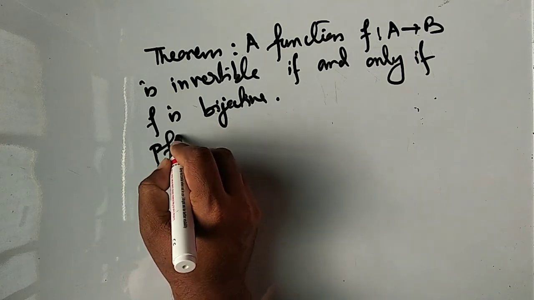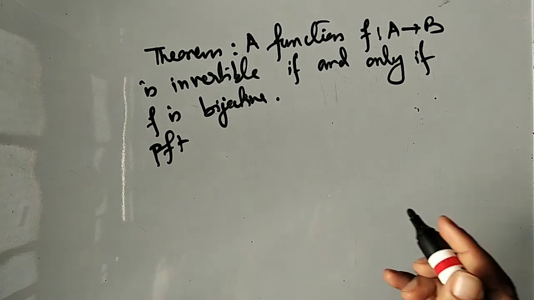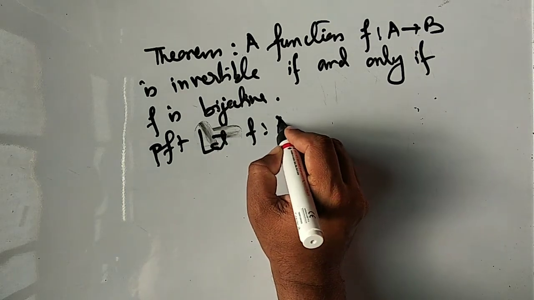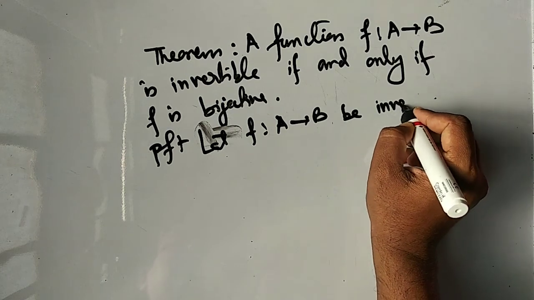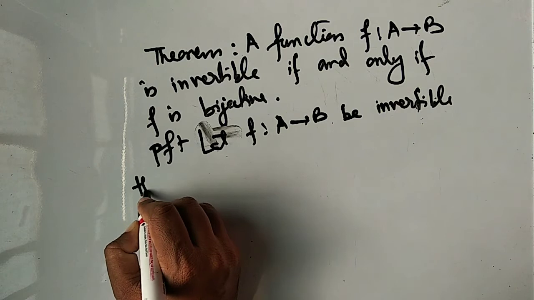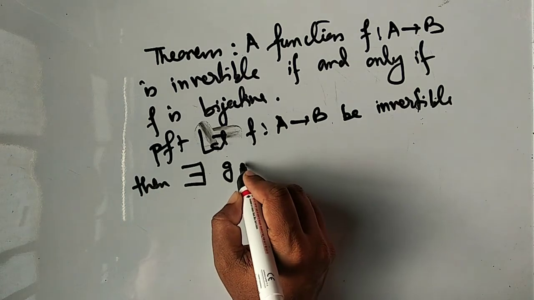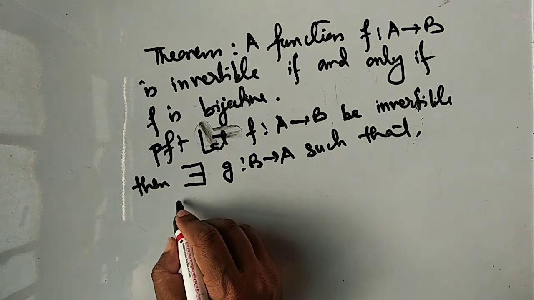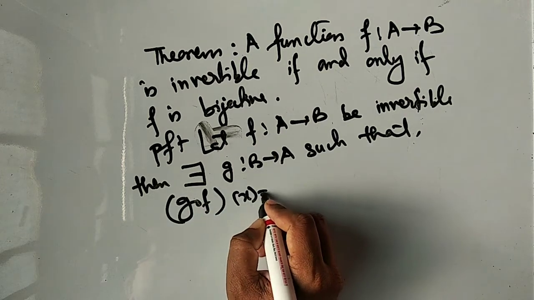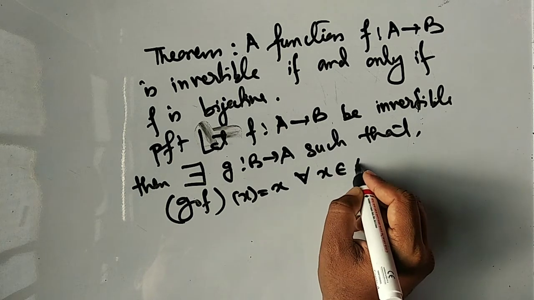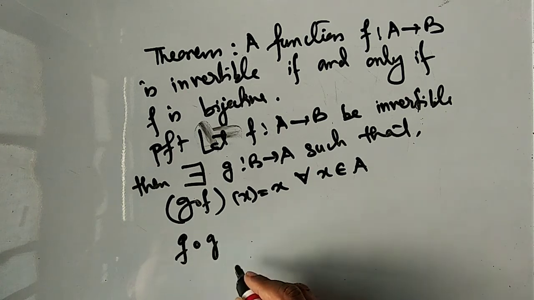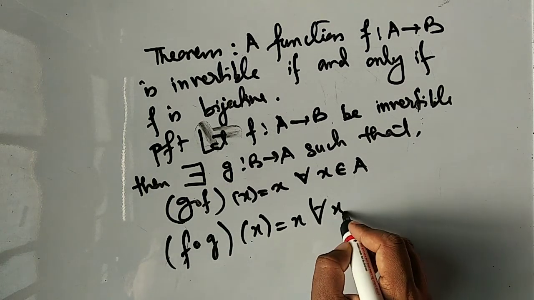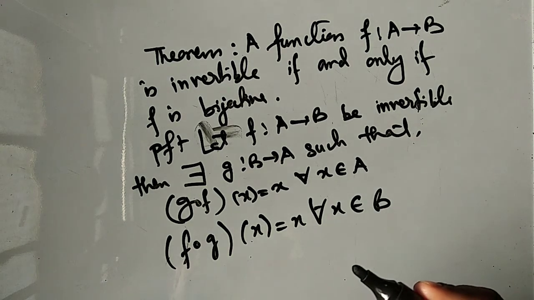ठीक है, सो एक एक करके prove करते हैं। Let us first assume let f from A to B be invertible, then there exists g from B to A such that (g∘f)(x) equal to x for all x belongs to A and (f∘g)(x) equal to x for all x belongs to B. What is our claim?